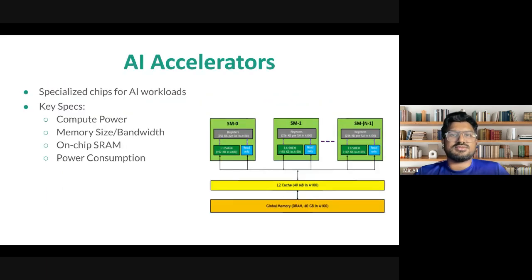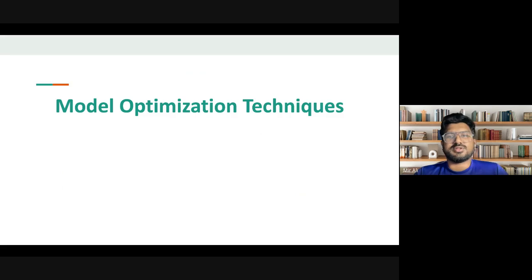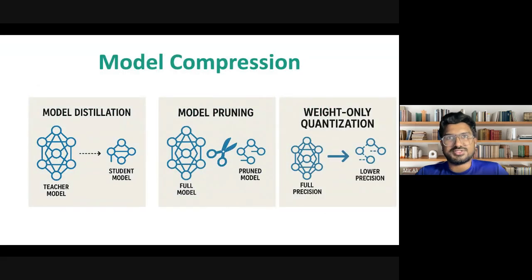Now, let's get into the main part: model optimization techniques. The simplest thing, if you have a huge model to run, is compression. There are mainly three famous things. One is model distillation.